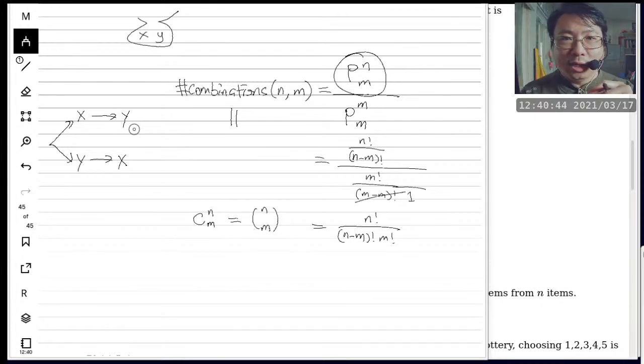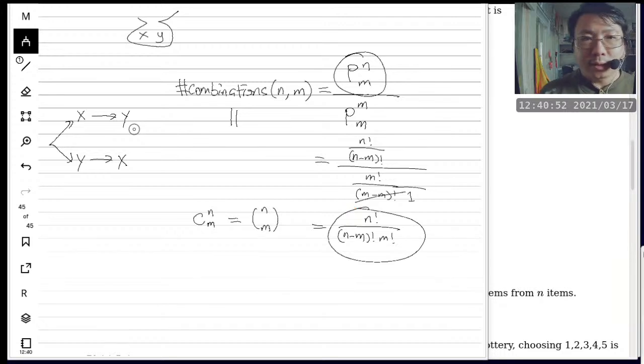This is how we write n choose m. It's just another way to write it. But in terms of computation, this is how we compute it. All right, so here's my question: how many combinations? Combination means ordering is not important. So what is the number of combinations to choose 3 out of 3 items?